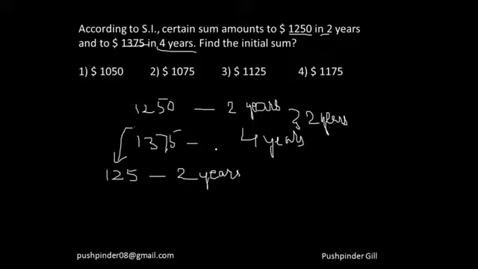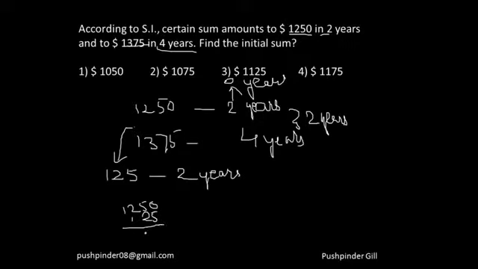Principal is whatever money I had at 0 years. So if I have to go 2 years back, I subtract 125 from it. My answer would be 1250 minus 125.